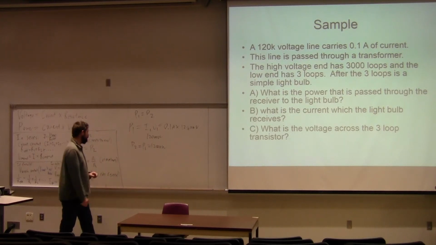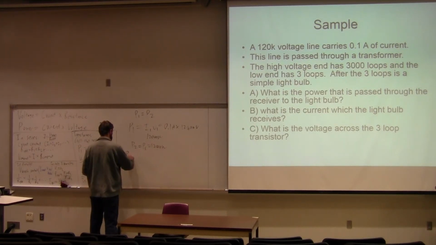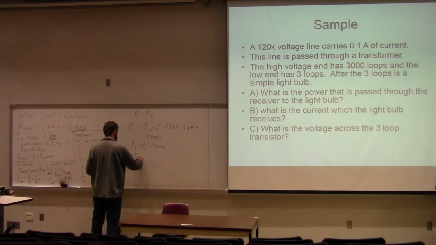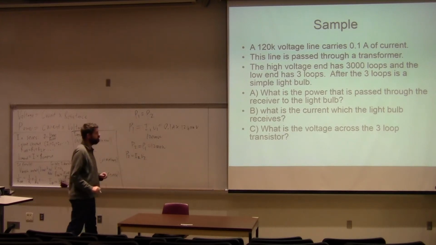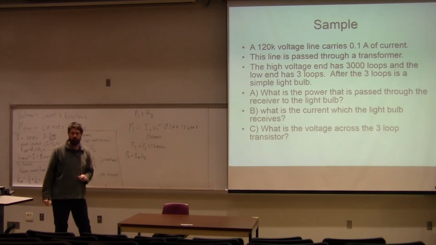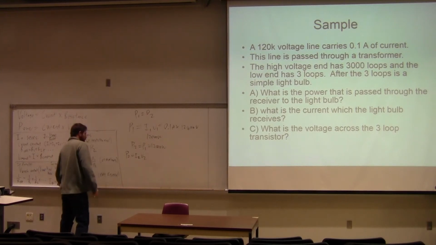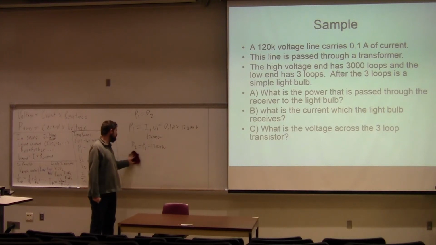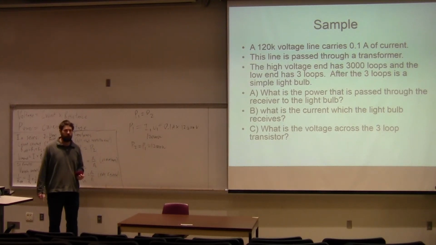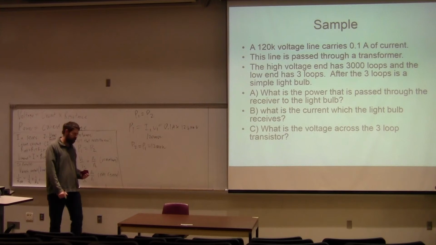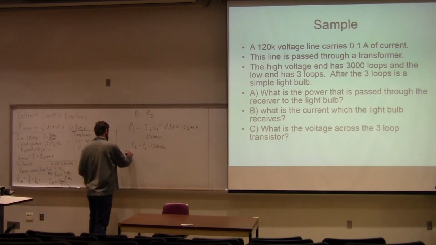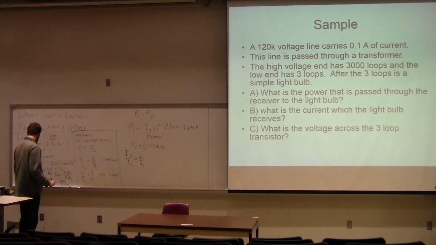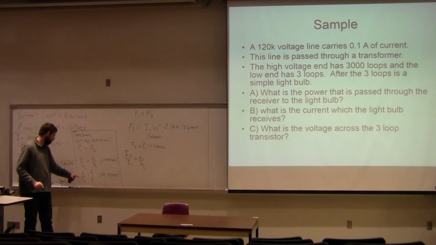All right, current from the light bulb. Power 2 equals current 2 times voltage 2. Oops, that one doesn't seem to work, does it? So let's try something different. Sometimes the first one you grab is not going to be the right one. That happens. So, I2 over I1 equals N1 over N2. I just inverted this equation over here.